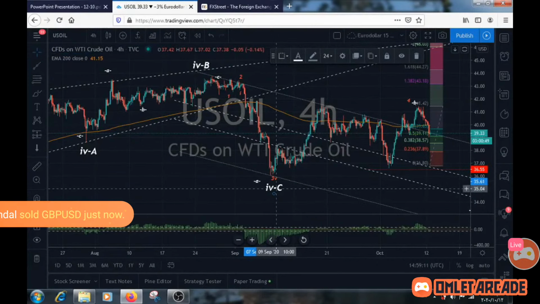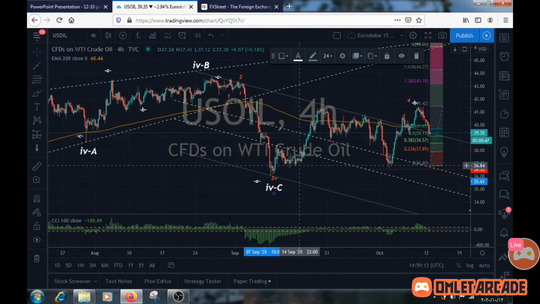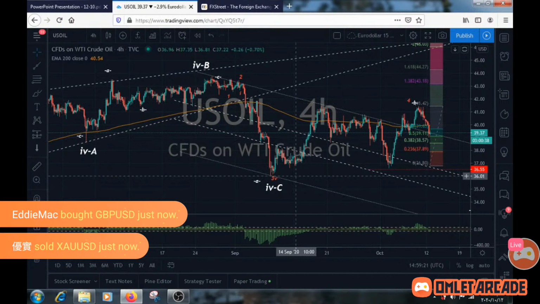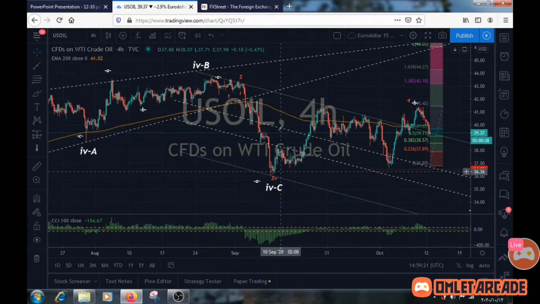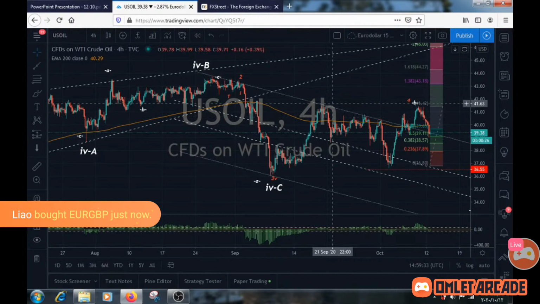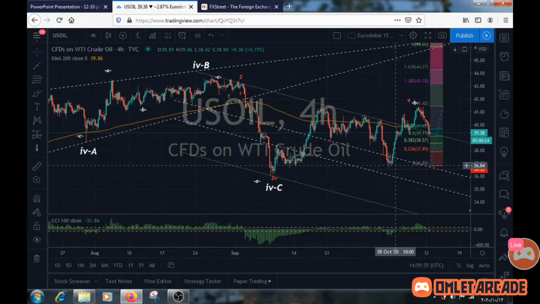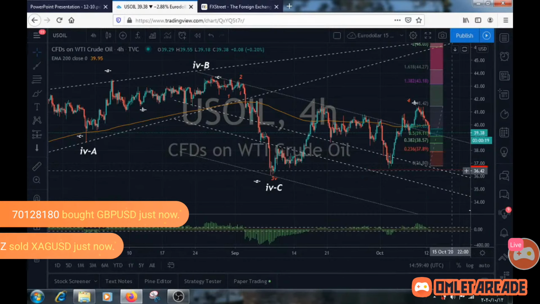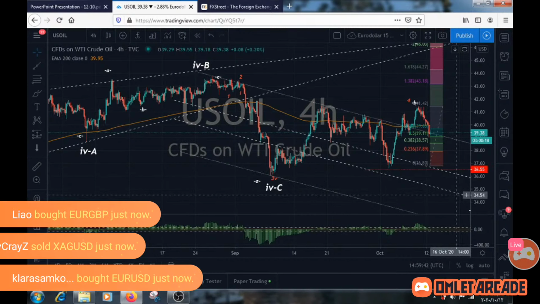Okay. It's a very complex correction, but I believe that is a 1, 2, and that is a 3, and that is a 4, and that is a 5. It's a very good correction. We may have to take the stop lower.